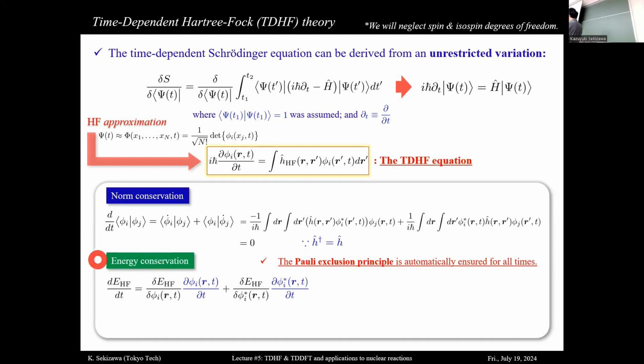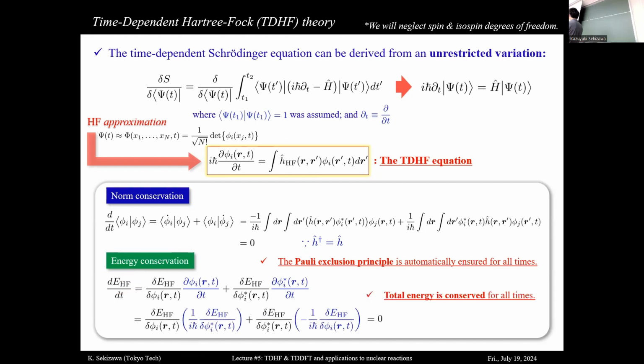We can take a time derivative of the total energy, and in a similar way, we can show that it is conserved for all times. So this is very similar to the time-dependent Schrödinger equation. And this is the end of the introduction of TDHF, time-dependent Hartree-Fock.